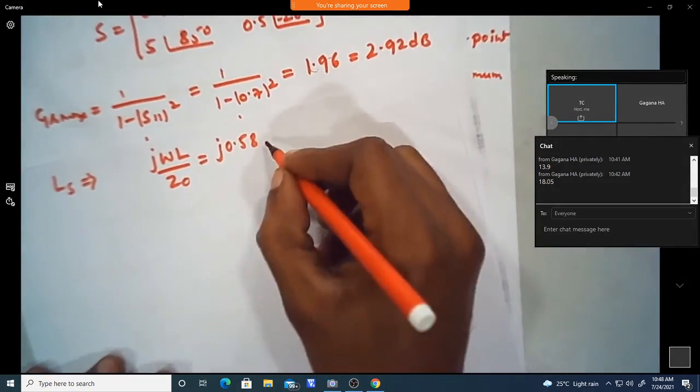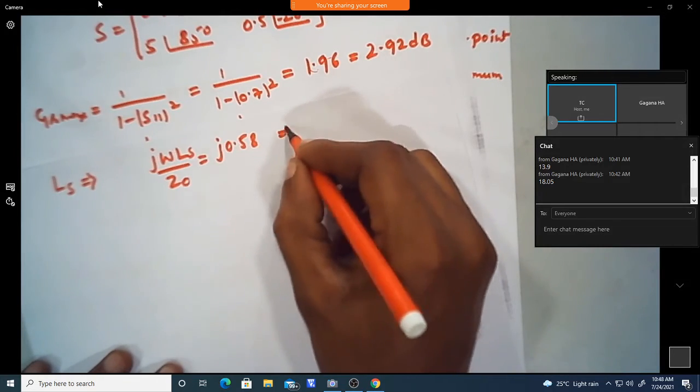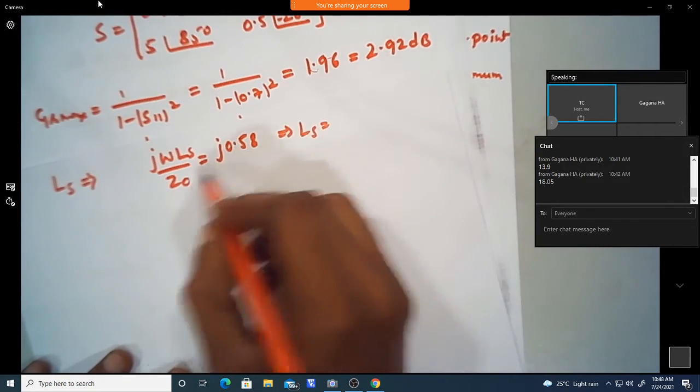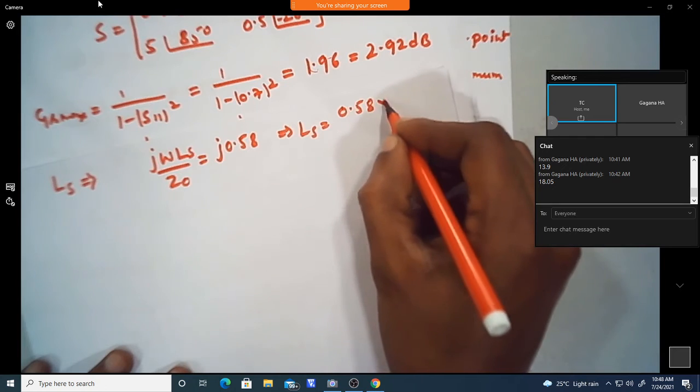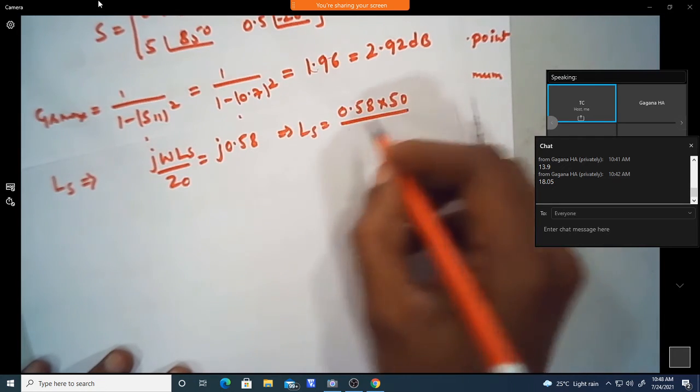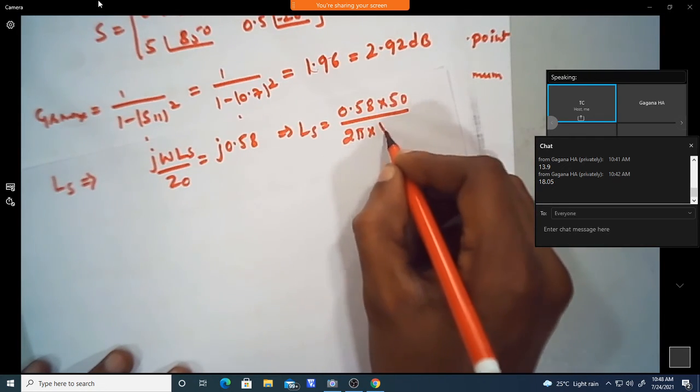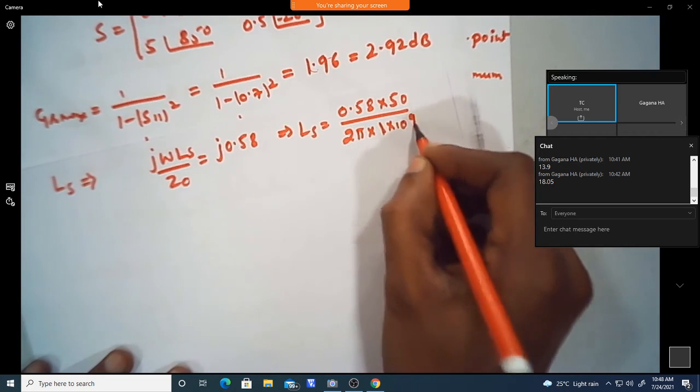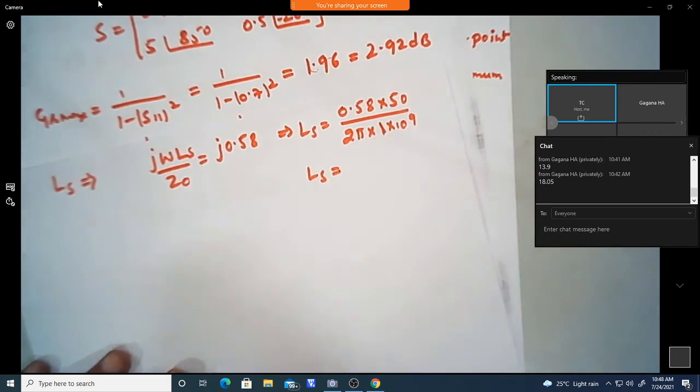Now find out the value of LS, which is equal to 0.58 into Z0, which is 50, divided by 2 pi into 1 into 10 power 9. So this is the value of LS.